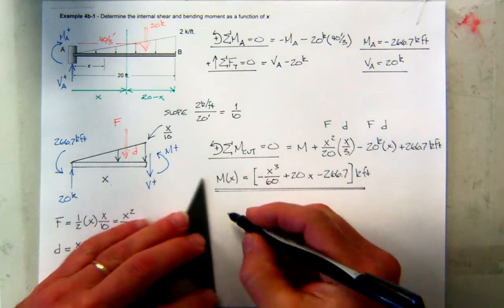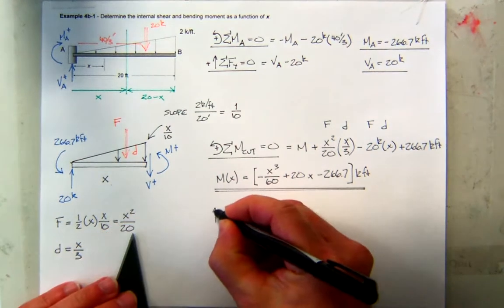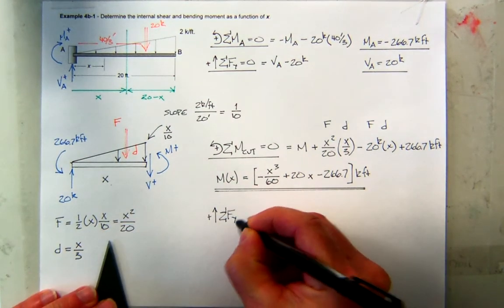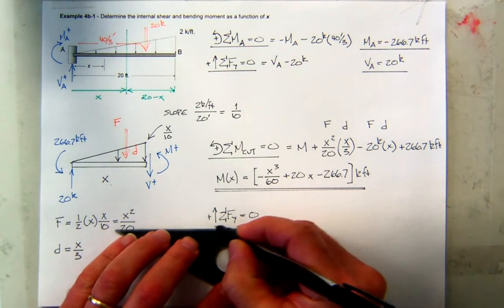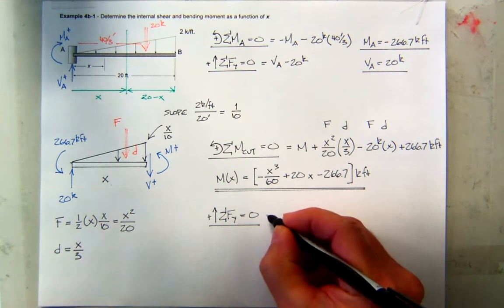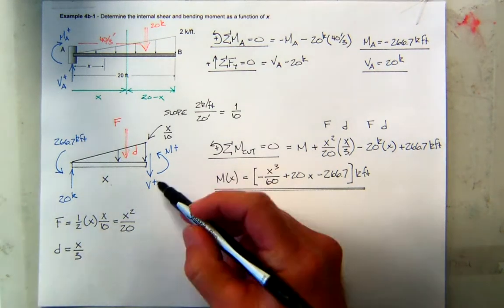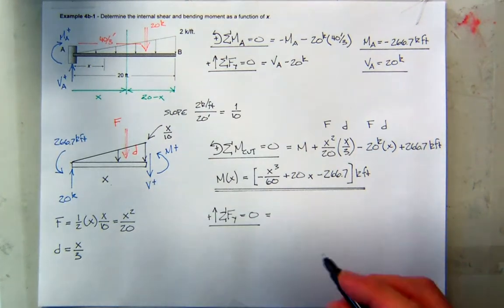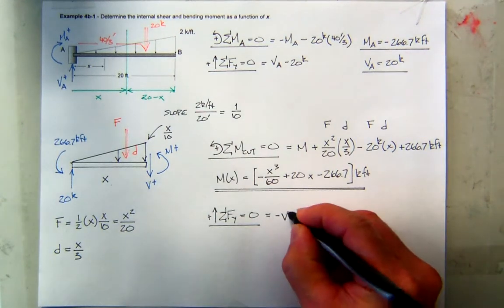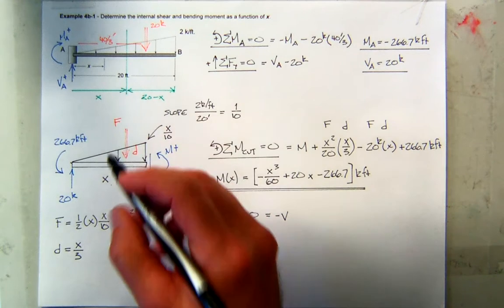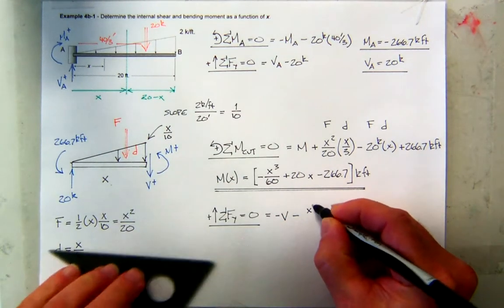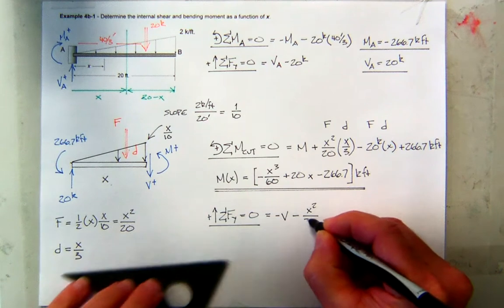All right, so now the next thing we need is shear. So we'll sum forces in the y direction and set them equal to 0. So let's see what we have in the y direction. Since I'm assuming up is positive, this force shear is down, so that'll be negative. My force F is down, that's negative. And F is x squared over 20.